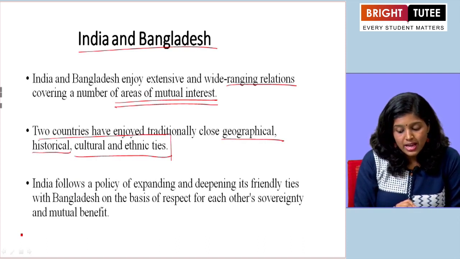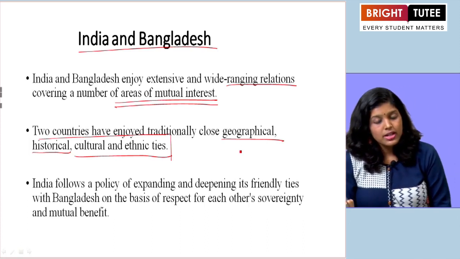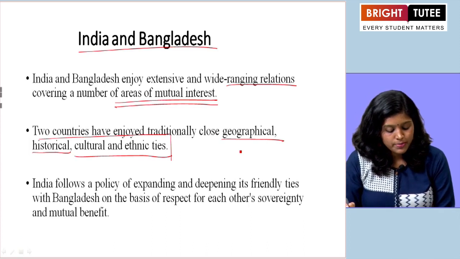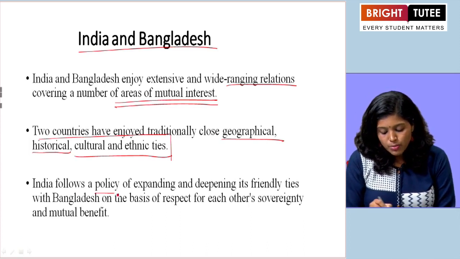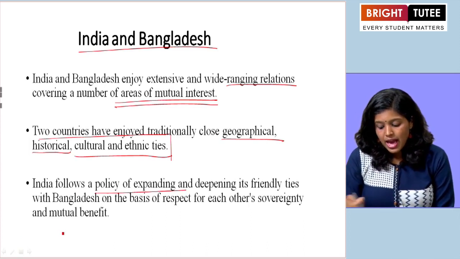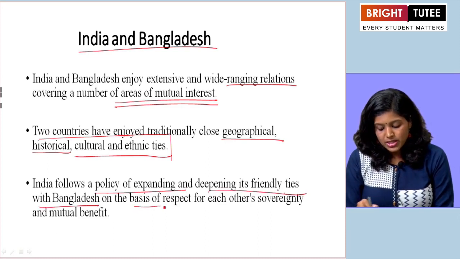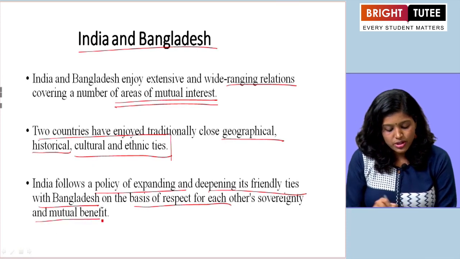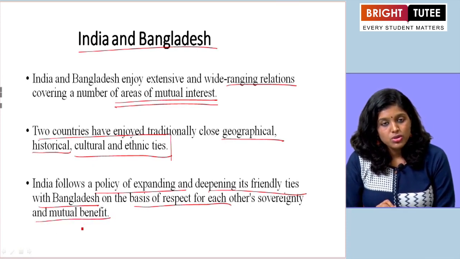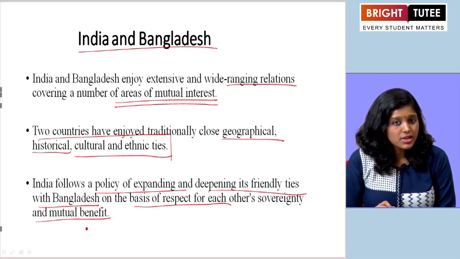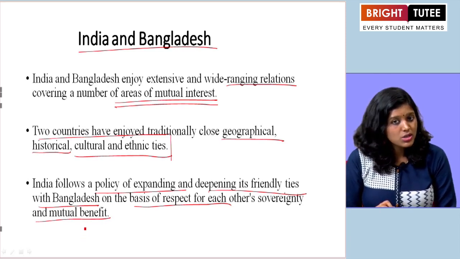India follows a policy of expanding and deepening its friendly ties with Bangladesh on the basis of respect for each other's sovereignty and mutual benefit, which is given importance by both countries.